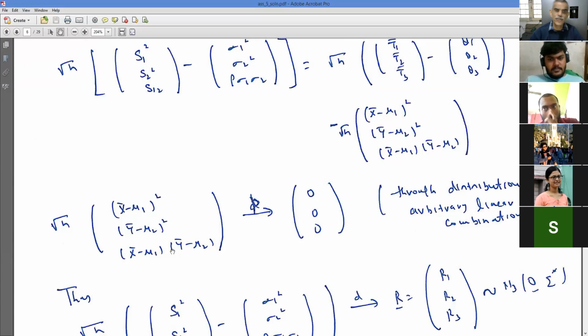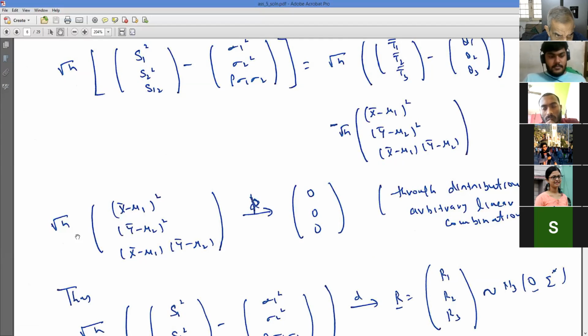Here I am only getting root n. Root n can be written as n upon root n, right? But I know that n times (x bar minus mu1) whole square goes to something, and with 1 upon root n, it will go to 0. Component-wise, they go in probability to 0. Is that okay? Yes, sir. Because root n times (x bar minus mu1) goes in distribution to normal 0, sigma 1. Is that okay?